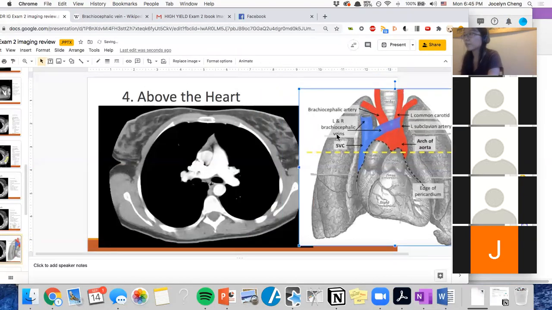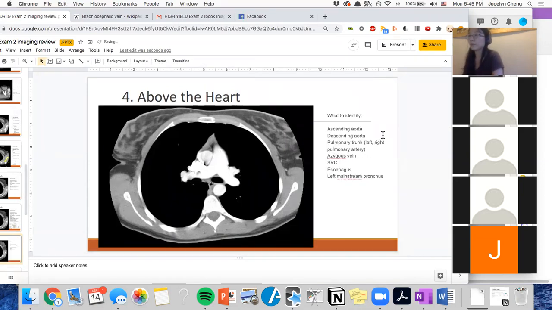The previous picture was right at the level of the aortic arch. Now we've progressed to just above the heart. So what are we going to be seeing? We're going to be seeing the pulmonary arteries, for one, and the root of the aorta, right? So here is the pulmonary artery, bifurcating into left and right pulmonary artery, and then here's the aortic arch.